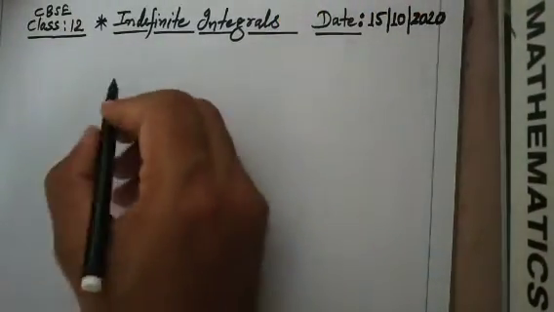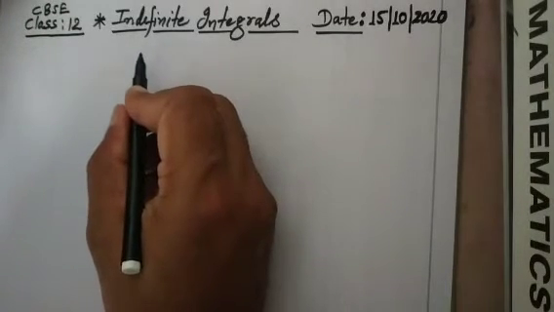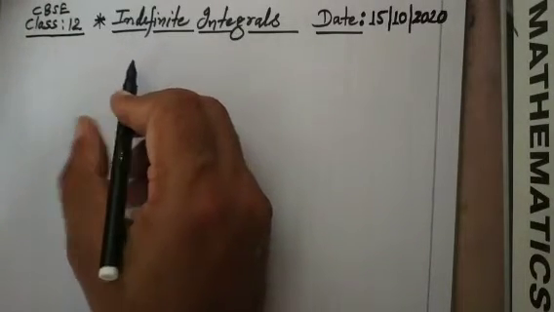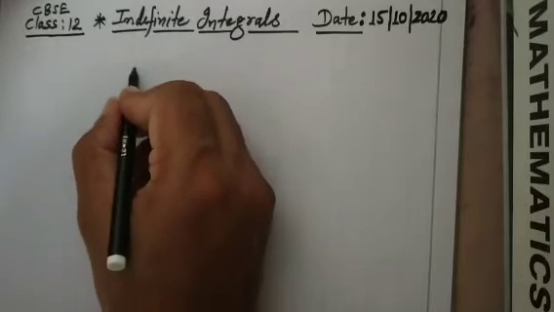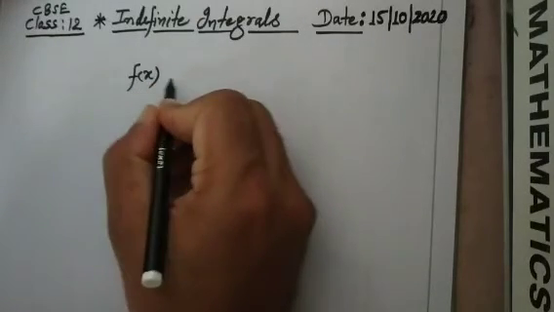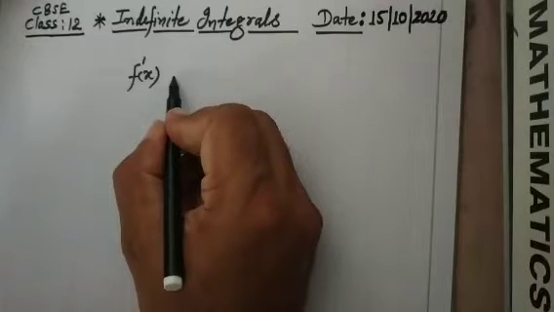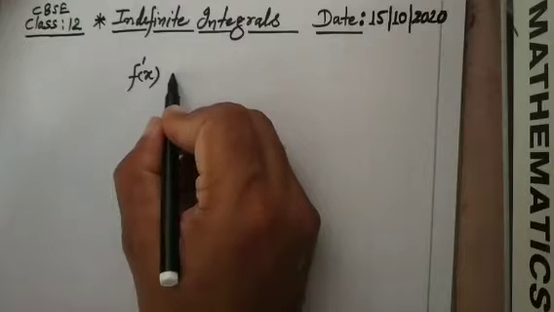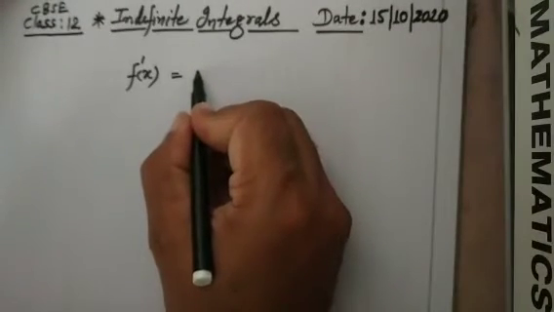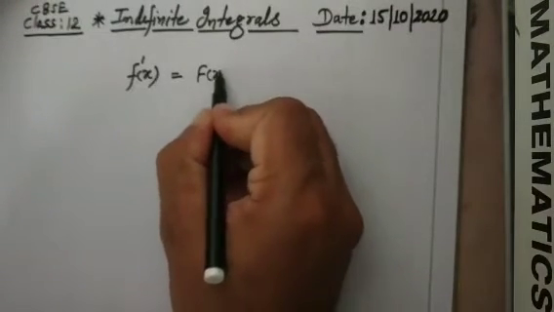First of all, I would like to correlate indefinite integrals with your knowledge of derivatives, because you know that if any function f(x) is given and you calculate its derivative f'(x), that gives you another function. Suppose that function is capital F(x).